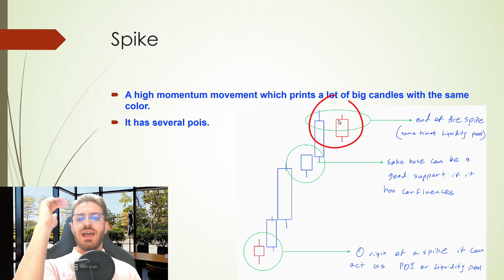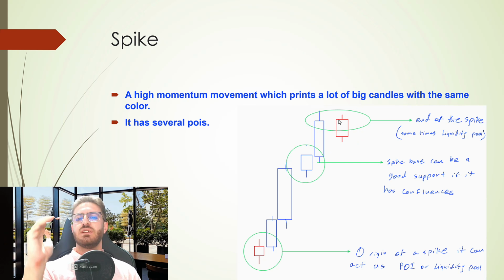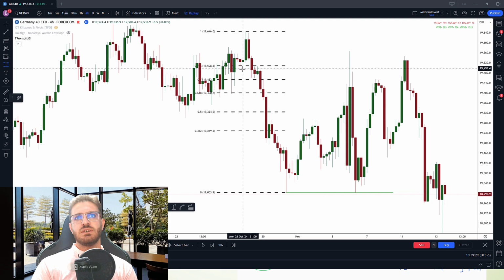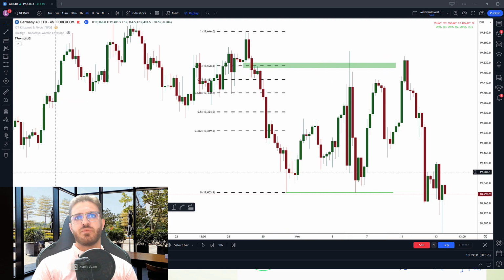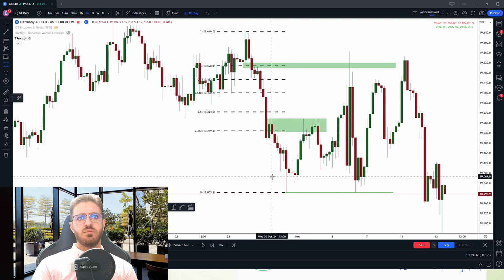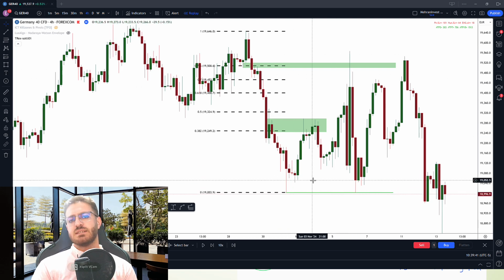And the last candle of the spike is going to be a liquidity point if it grabs that liquidity and starts to go lower. We have 78%, which is this line. We have the 38% order block, which is this line. And we have this line, which is the low of that spike.